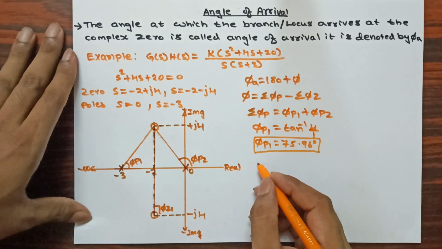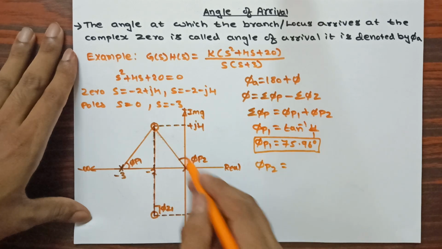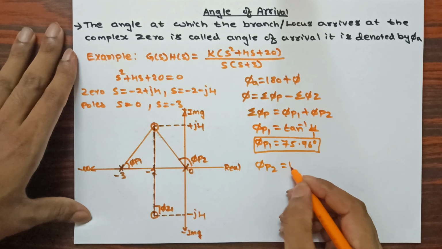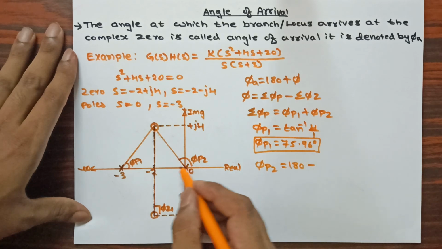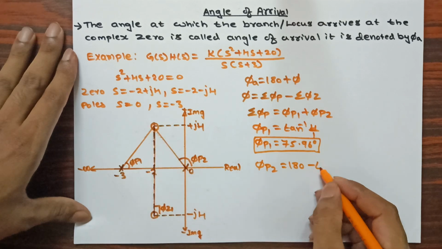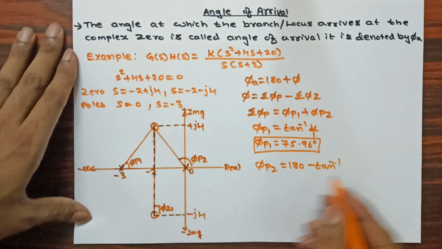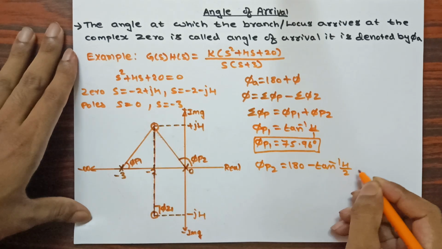Next I am going to calculate phi p2. To calculate phi p2, here you can see that this angle and this angle both are unknown. Therefore I am going to consider 180 minus tan inverse of opposite by adjacent. Tan inverse of opposite is 4 and adjacent is 2, 4 by 2.